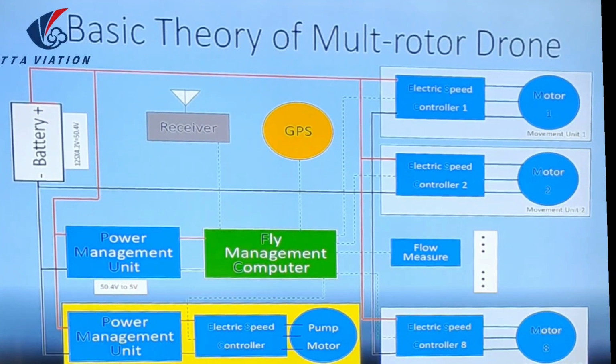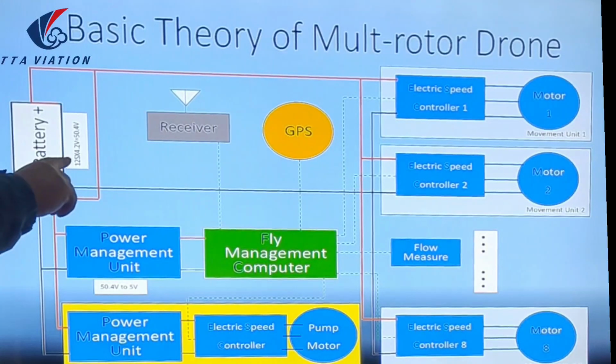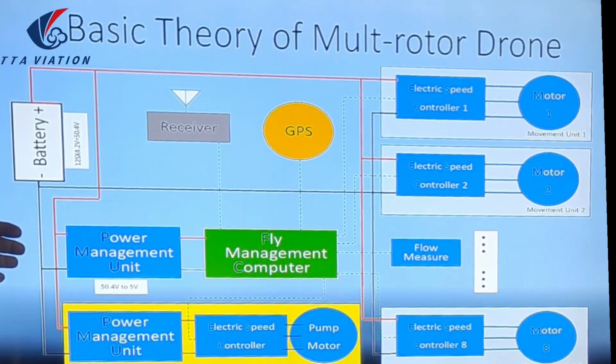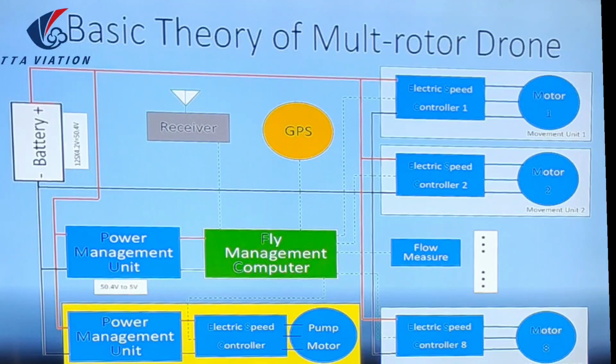That means this entire battery is made of 12 battery cells. They are linked into one serial. One battery cell's full charge voltage is 4.2 volts.